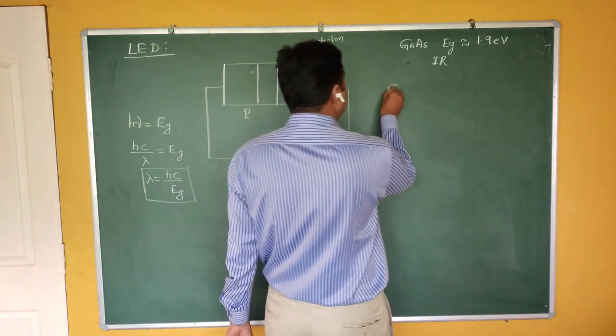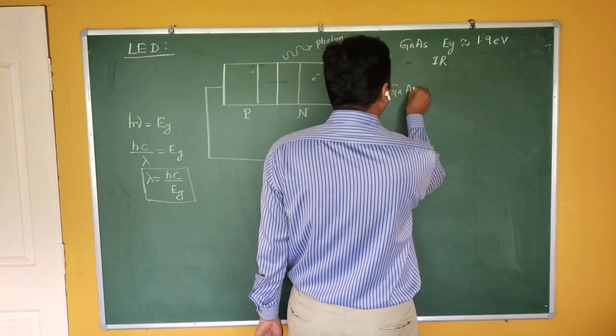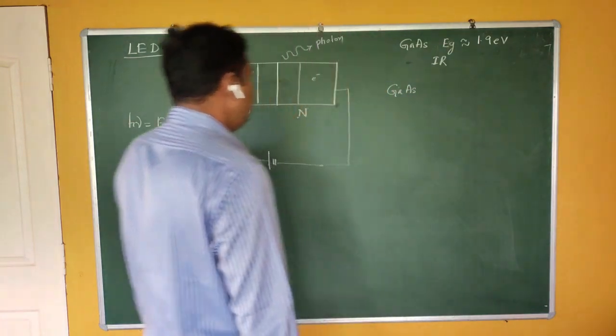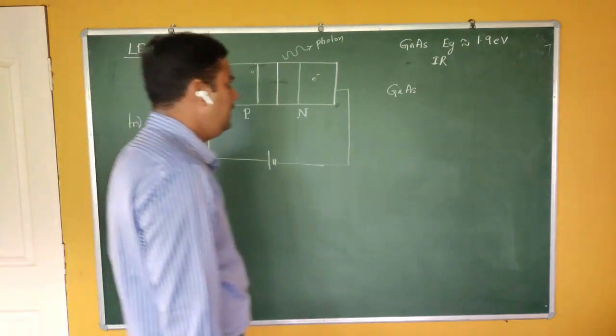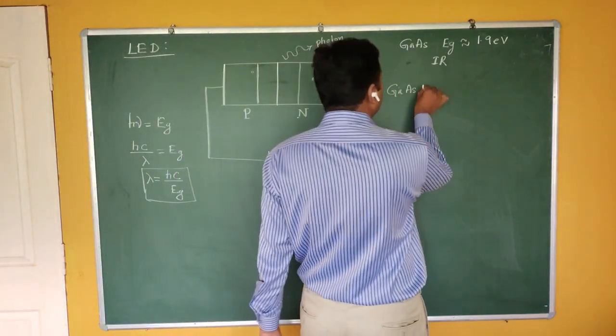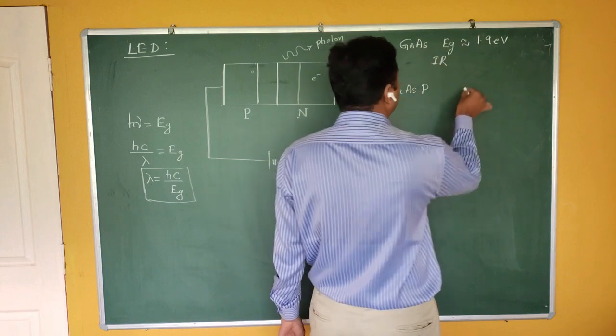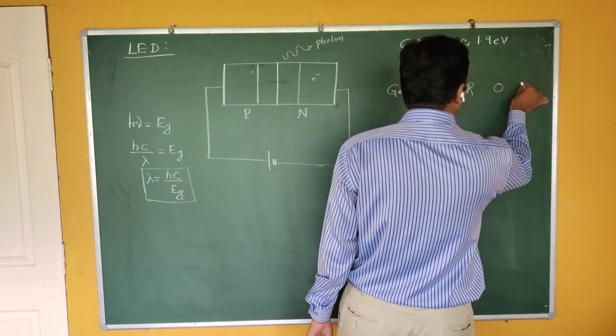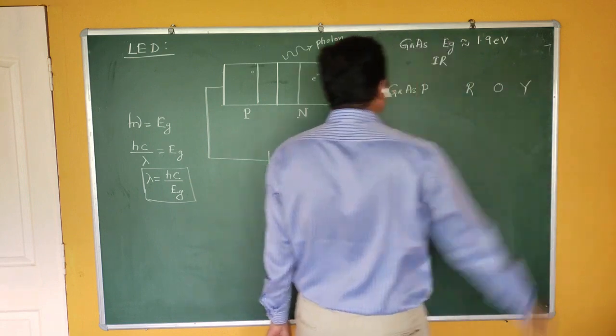Now, the best composition of diodes for producing colors is gallium arsenide phosphide. It produces three main colors: red, orange and yellow.